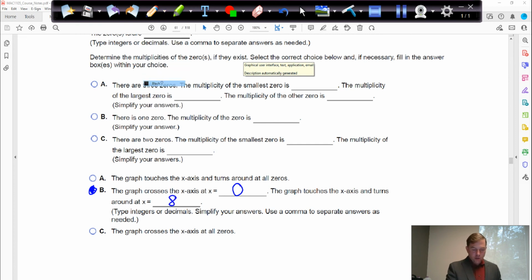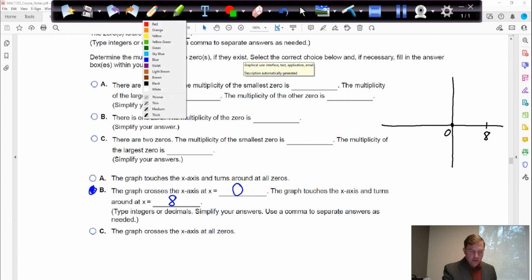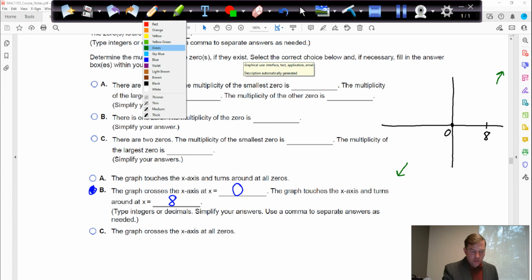If I were to draw this, and the goal is to get this drawing complete, we had a 0 at 8 and at 0. Now we know from the end behavior, the first drawing I did, that it's going to rise to the right and fall to the left. In between is the behavior we're talking about here.